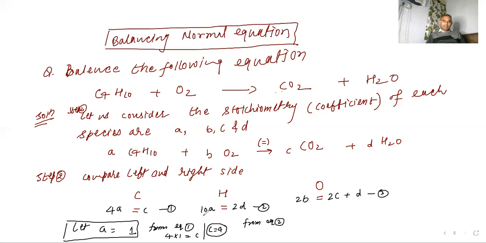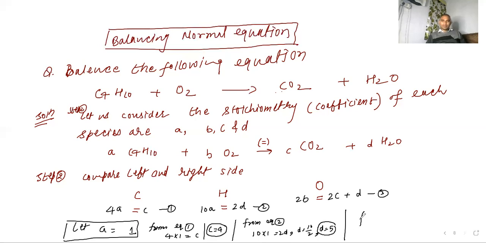So here I am writing 10 into 1 is equal to 2D. So D is equal to 10 by 2. So D is equal to 5.